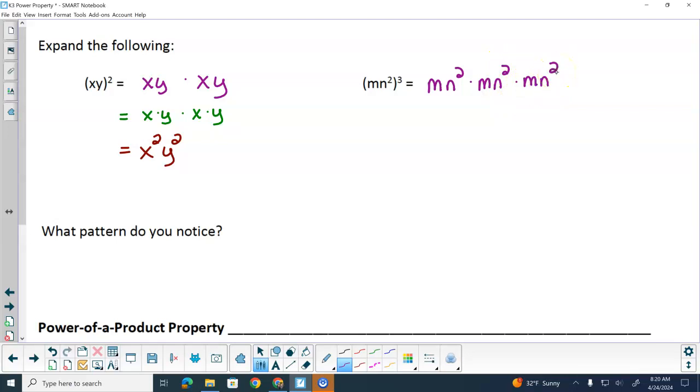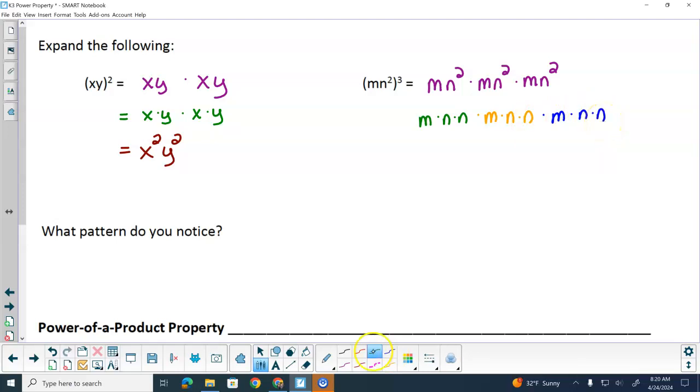I would agree with that. Yes, mn squared means m times n times n, right? Each one. Okay. So this is m times n times n. This is m times n times n. This is m times n times n.